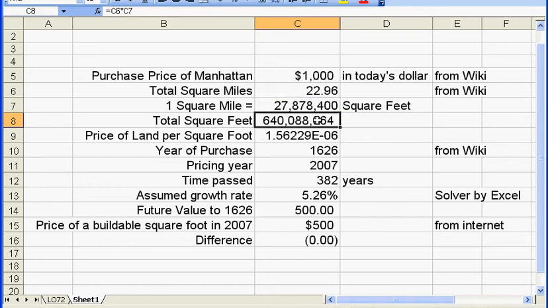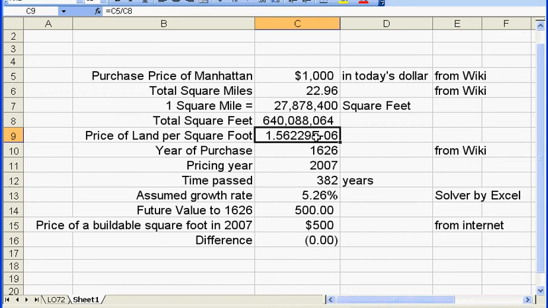So the total square feet is 23 square miles times 28 million, and you get this 640 million number. Now you use this 1,000 divided by this 640 million, and you will get this teeny tiny number, much less than a penny, right?